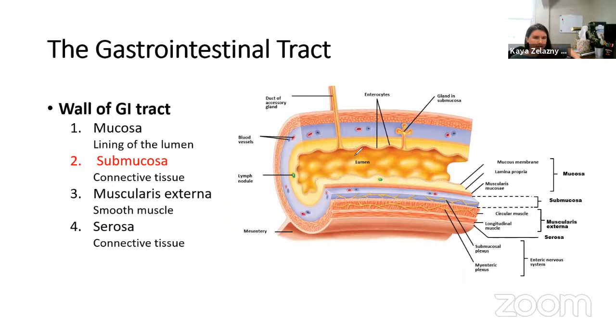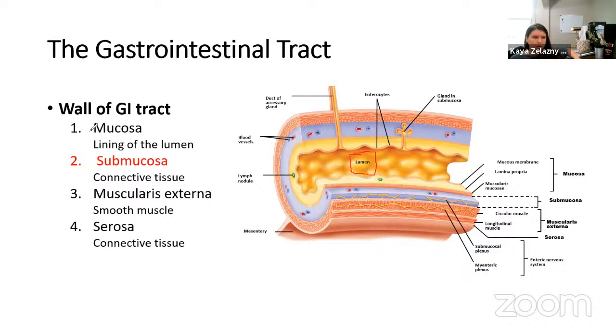The inside of the GI tract, just a reminder, is called the lumen. The place that your food is passing is the lumen. We will often refer to the food and fluids in the center hollow area as luminal contents. That just means the stuff that's inside this hollow cavity inside the GI tract.